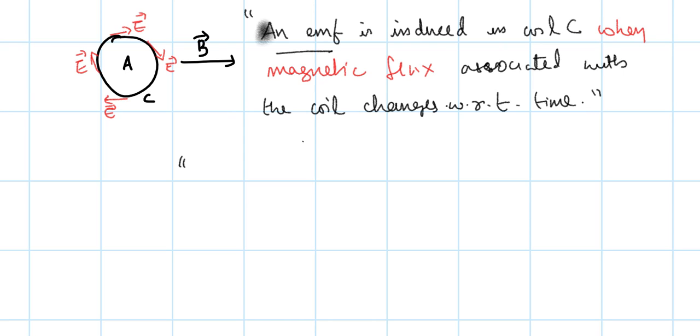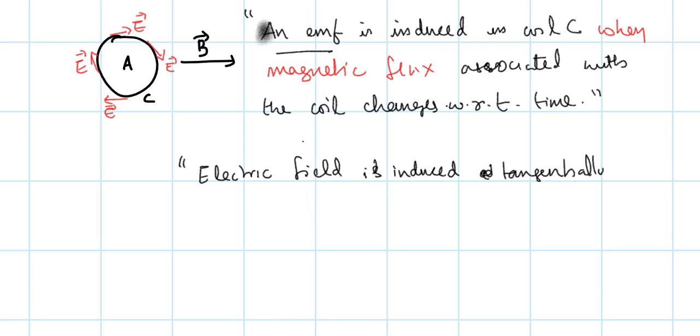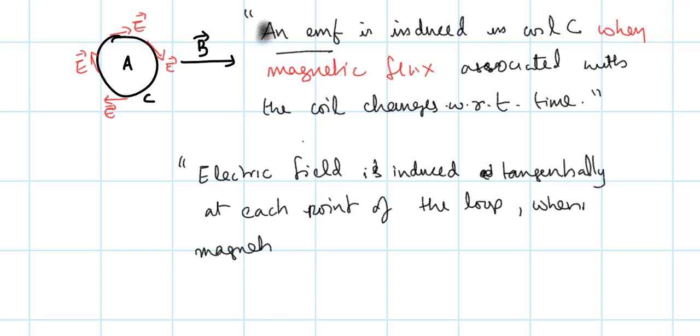Instead of that, we can talk about electric field is induced tangentially at each point of the loop when magnetic flux within the coil, within the loop, changes.